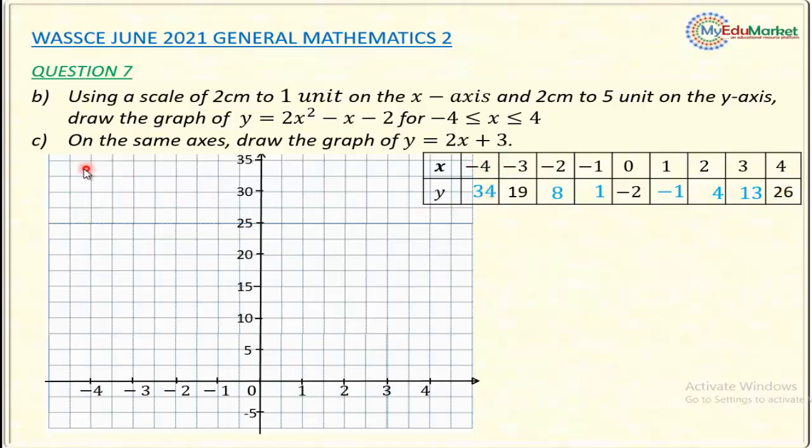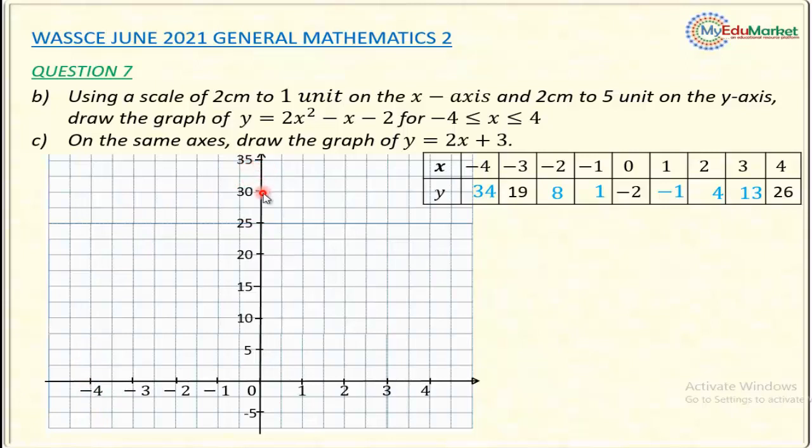So I'm going to find the appropriate position of this. When x is -4, meaning move to the left-hand side of the x-axis, locate -4, and move to the y-axis, locate 34 there. According to the given scale, you have to know how to read it correctly. So this is x = -4, and y = 34 is somewhere before 35.